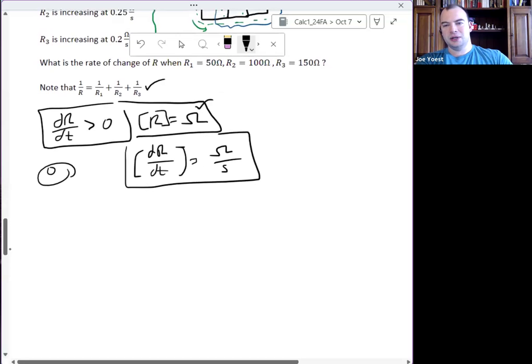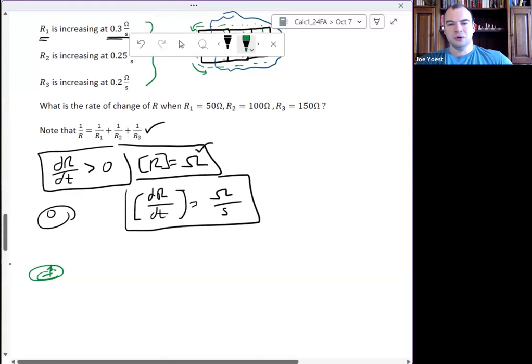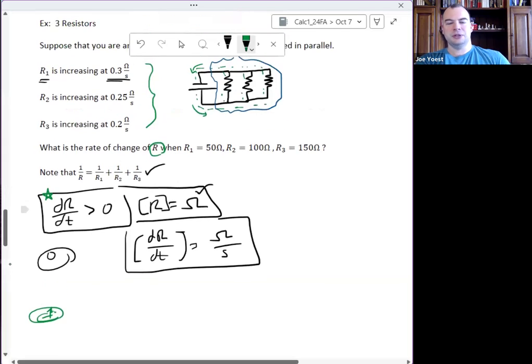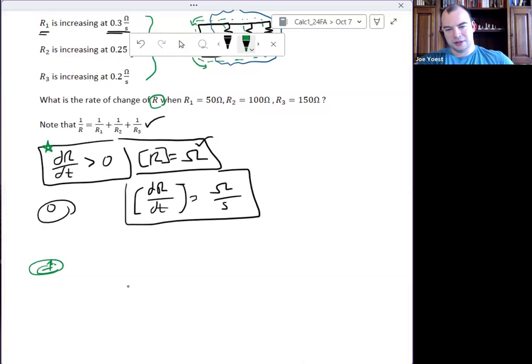Moving on to step 1, well, step 1 is also done. We got that for free. We're looking for the rate of change of R, dR/dt. And of course, the component rates that we have are dR1/dt, dR2/dt, and dR3/dt.